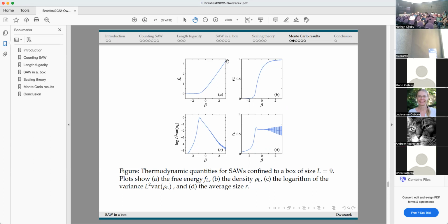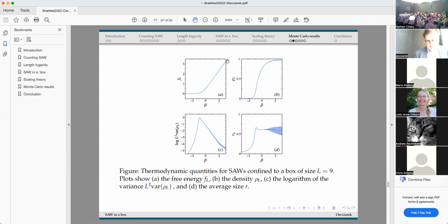The free energy behaves in a way which looks like it would, I haven't got the bounds there, but obeys, you would hope, the rigorous bounds that you expect. The bottom two are things I haven't really talked about, so I won't go further.